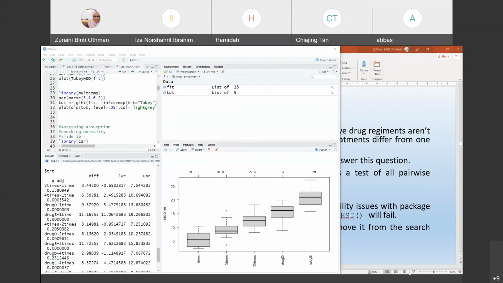You can see that in our box plot, groups that have the same letter do not have significantly different means.